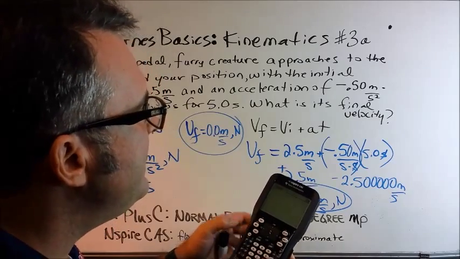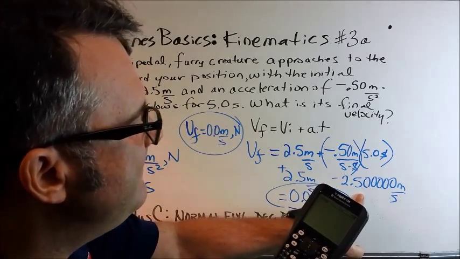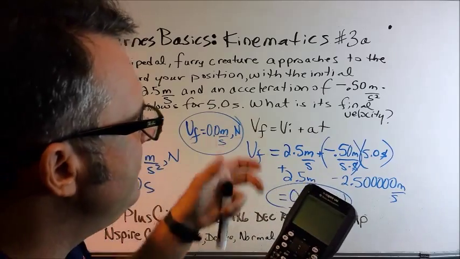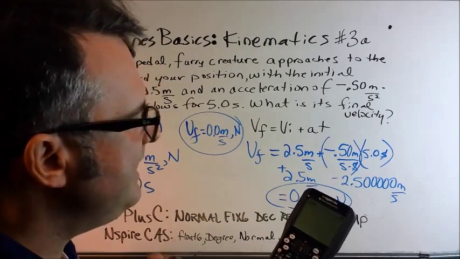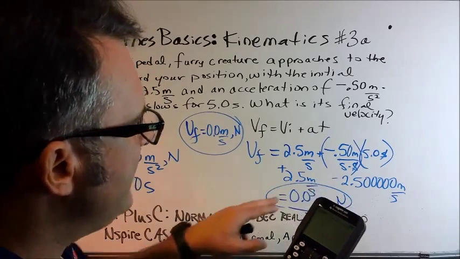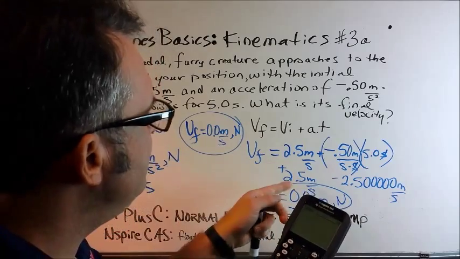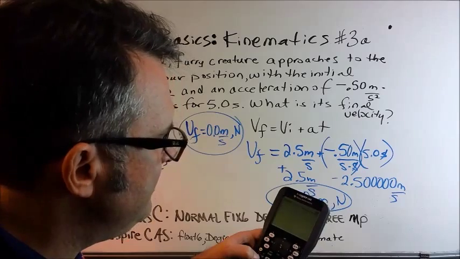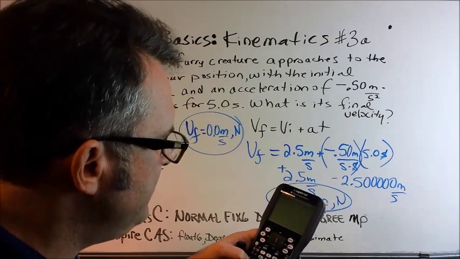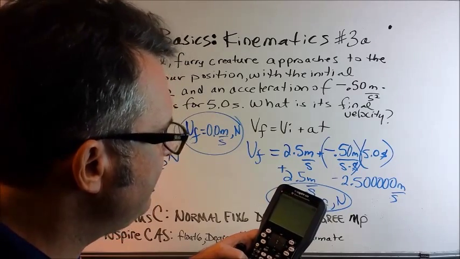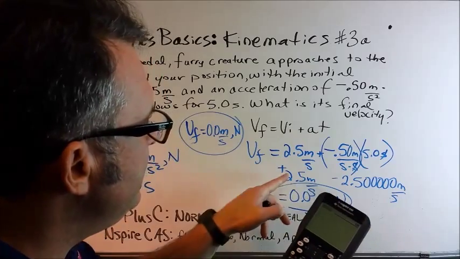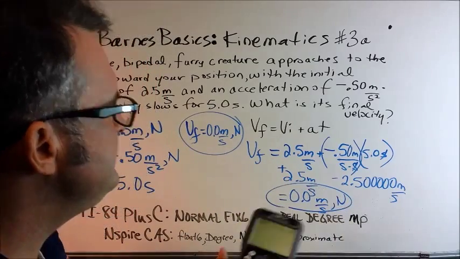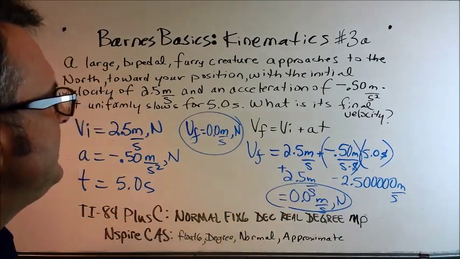Let's hit enter. I got negative 2.5. The TI-Nspire is not giving me all the trailing zeros, and we'll talk about that in just a minute. But in this case, we'll go ahead and add it. Let's say plus 2.5 and hit enter, and I get 0 meters per second.